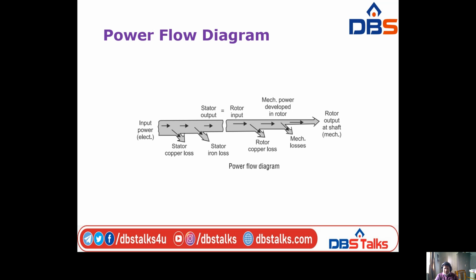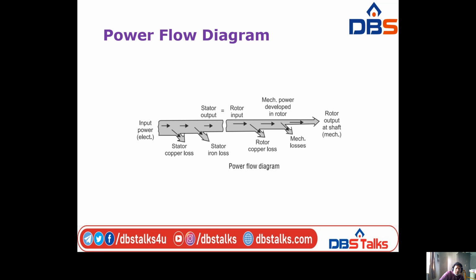Two losses are included in the stator, stator copper loss and stator iron loss, and two in the rotor, rotor copper loss and mechanical loss. Now some mechanical power is developed in the rotor, that means electrical power is converted into mechanical power. Under that process, four losses are included: stator copper loss, stator iron loss, rotor copper loss, and mechanical loss.